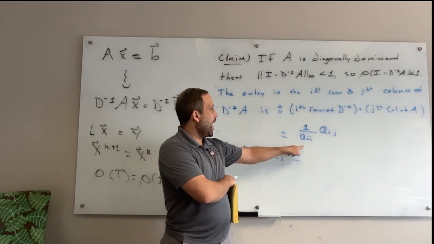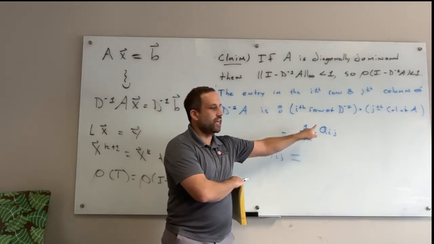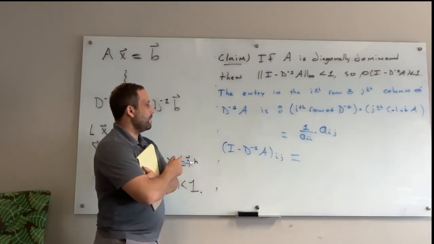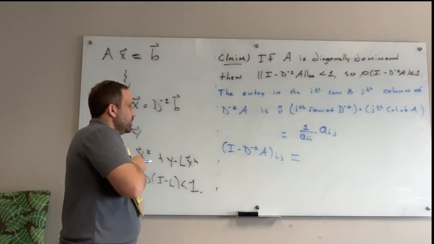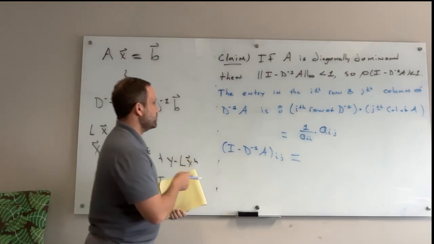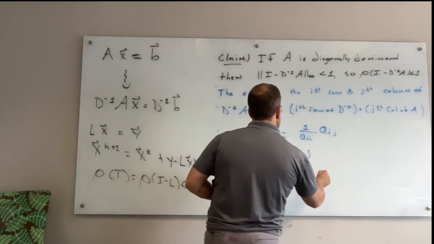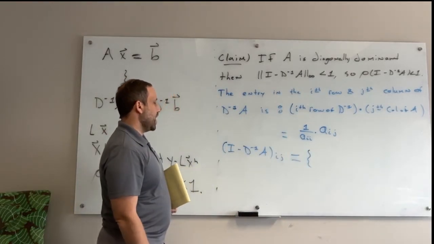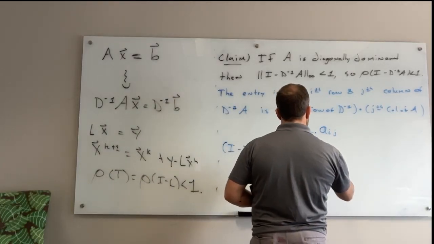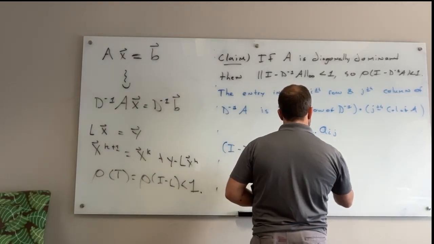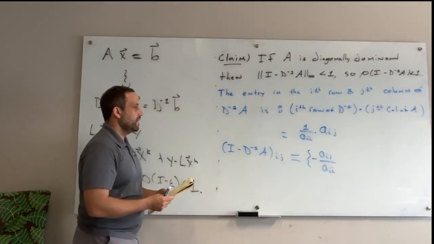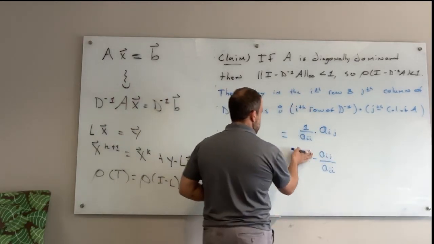So when I do I minus D inverse A, I'm going to get minus Aij divided by Aii if i is not equal to j.